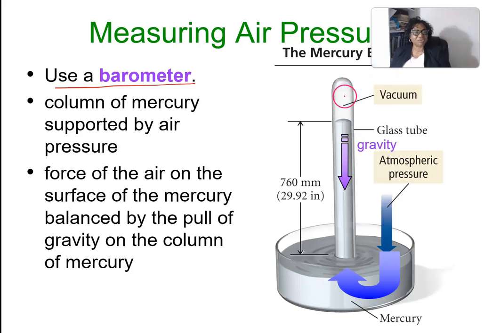So here, you don't have anything, it's a vacuum, because the tube was full at the beginning. But because of the pressure, it has to match the atmospheric pressure. So it comes down, and here you have a vacuum. There's nothing there, there's no air. And this distance from here to here is what matches the atmospheric pressure.